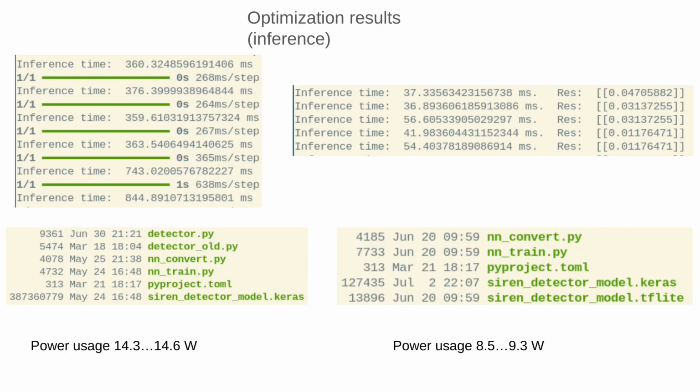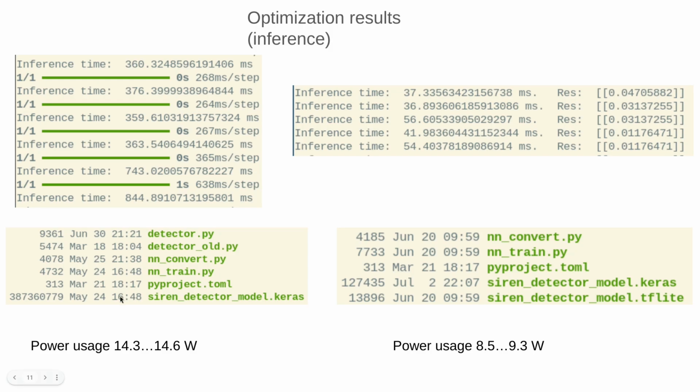So let's take a look at the inference time. Here we have the old model run, and as you remember, it has quite a huge size. And take a look at the inference times. Sometimes it's 0.4 of a second, sometimes it's almost 1 second.